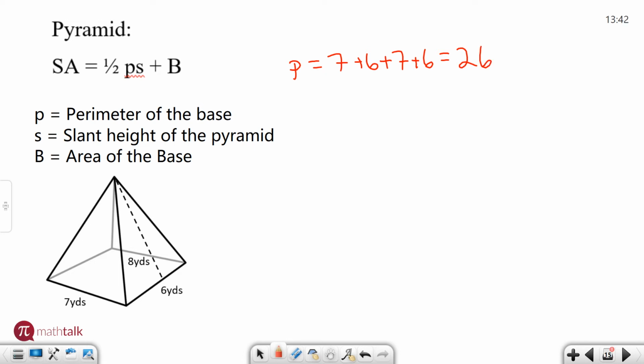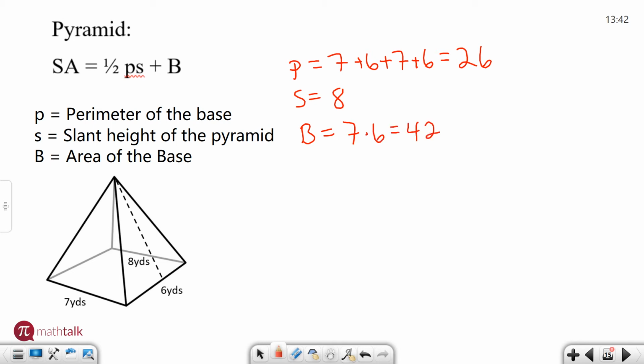S is my slant height. In this case, they give us the slant height of 8 yards, so that's easy. And then capital B is the area of the base. Because the base is rectangular, the area of a rectangle, from one of my previous videos on calculating area, is length times width, which is 7 times 6, which is 42.